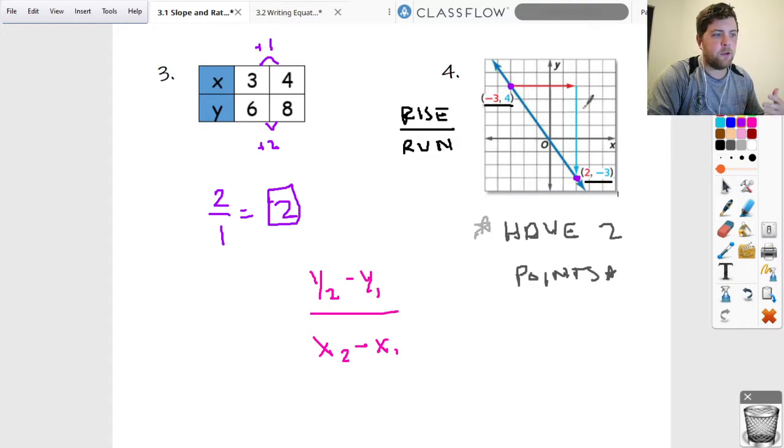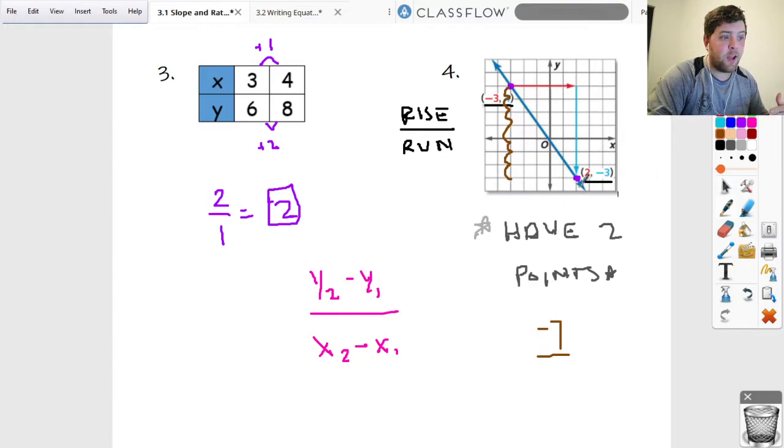Okay, to do that, right, I'm going to take a look at my rise, which is my up and down. Okay, to go from this point to this point, I am going to go down 1, 2, 3, 4, 5, 6, 7. So I go down 7. So I'm going down, that would be negative 7.